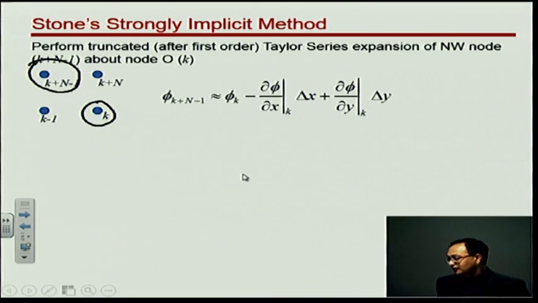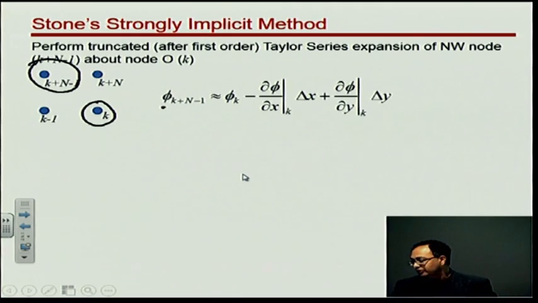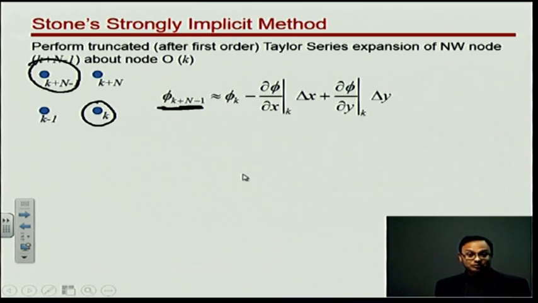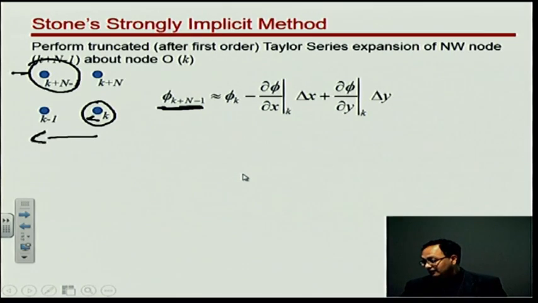If we just start from the northwest node, we are trying to get rid of that term. So we do a Taylor series expansion of that guy about our central node. Now if you think about it, this is a 2-dimensional Taylor series expansion, because this is negative delta x in that direction, and positive delta y in that direction.